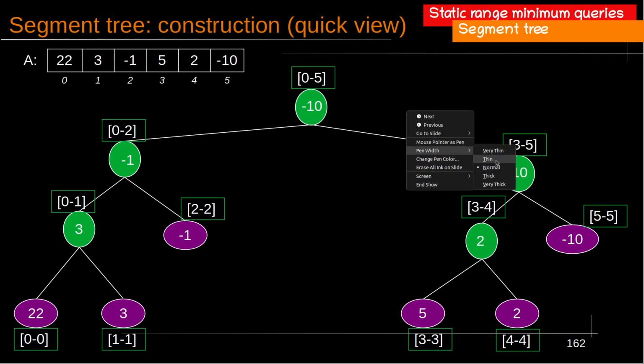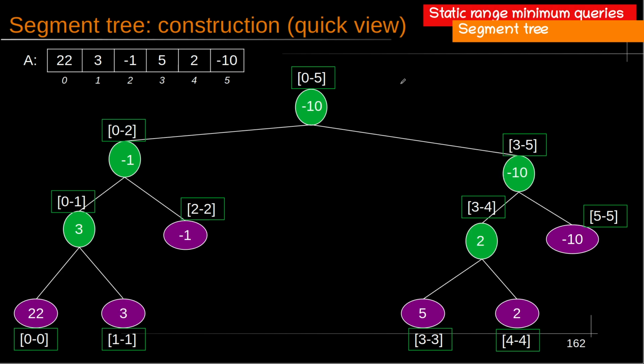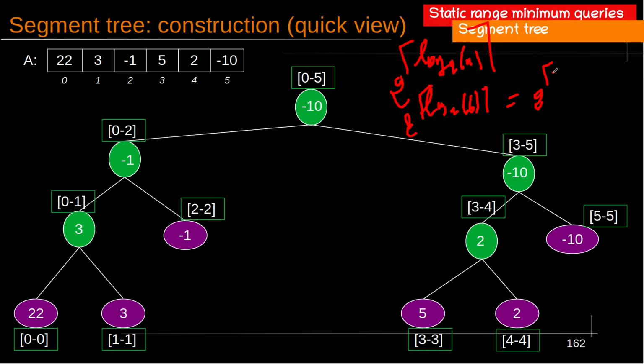Same formula, but I will use the ceiling to find the next power of 2. Here, I think 2 power the ceiling of log base 2 of 6, which is the ceiling of 2 point something, is equal to 2 power 3, which is 8.